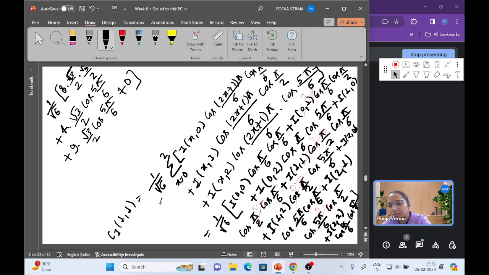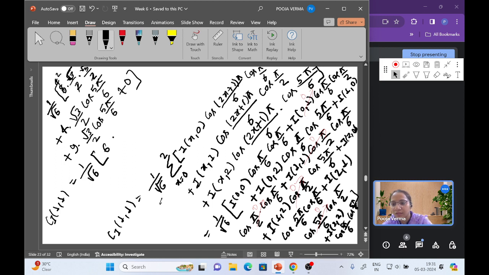So let's see I 1 1. This is the value of 1 by root 6 in the bracket, so this will be over 2. So 2 root 3 is 3.